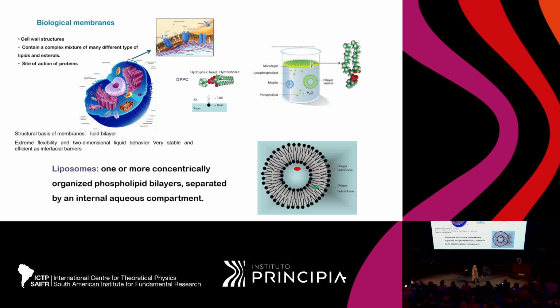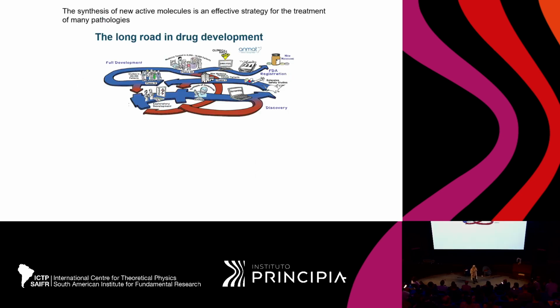Why is it important to have a drug delivery system? Some of you mentioned the difficulty of finding a new drug, and also the long way that you must go to find a new drug, validate it, and do all the phases that we also learned about in the pandemic.